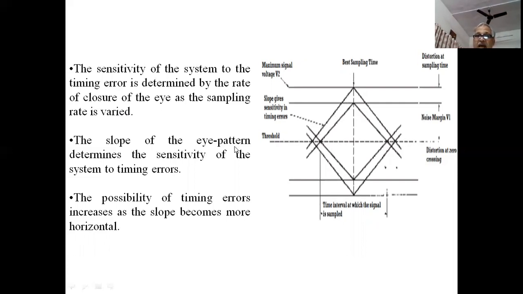The slope of the eye pattern determines the sensitivity of the system to timing error. The possibility of timing errors increases as the slope becomes more horizontal. This means the angle between this is less, the timing error increases, and this line goes parallel to this threshold line.